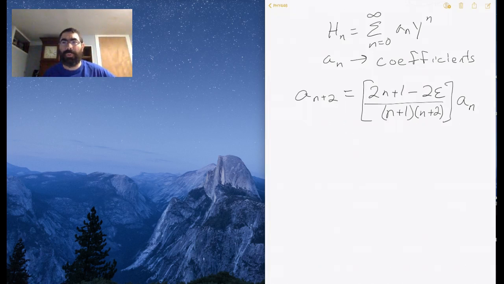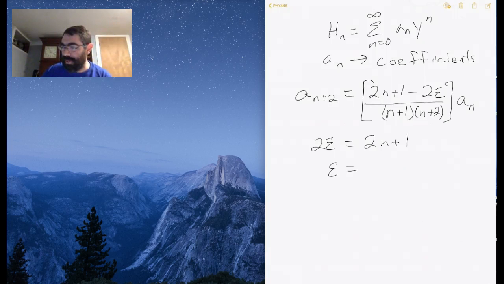So then we put that back into the summation, but what we found is that in this form, that series is going to diverge. So to keep it from diverging, we set 2 epsilon equal to 2n plus 1.